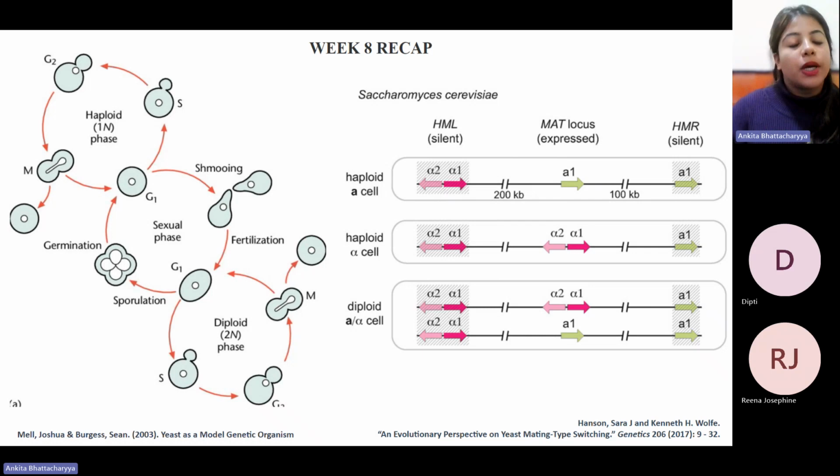Now, under conditions where the yeast cell will enter into the sexual phase of its life cycle, it will involve another subtype of cells, which are the MAT alpha cells.